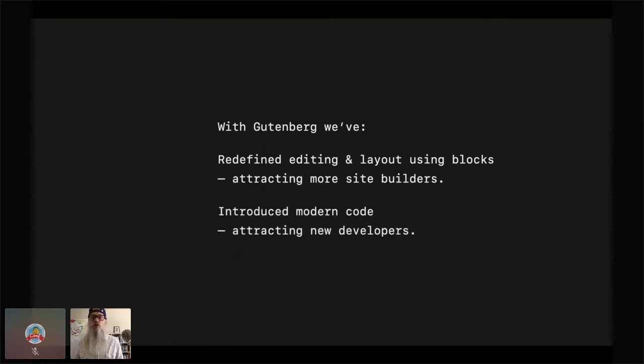We've introduced modern code into the stack now, and this could attract, and is attracting, new developers to WordPress. People who are very interested in JavaScript and want to learn more. I remember a question being asked, I believe by Matt at one of his talks: who has learned to code using WordPress?